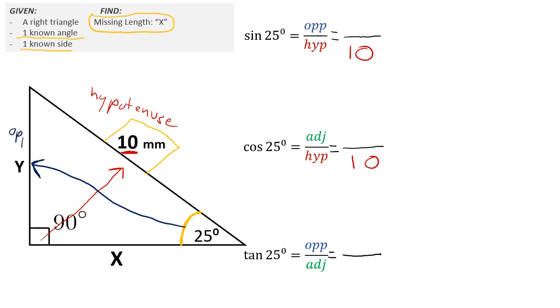Well, that's y, so not a problem. Anywhere where it says opposite, I'm going to put a y. Okay? Right next door to 25 is the adjacent of x. So anywhere where it says adjacent, I'm going to put an x.